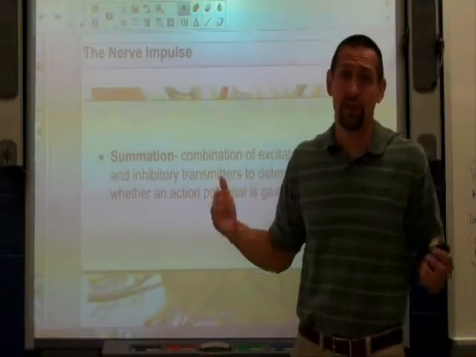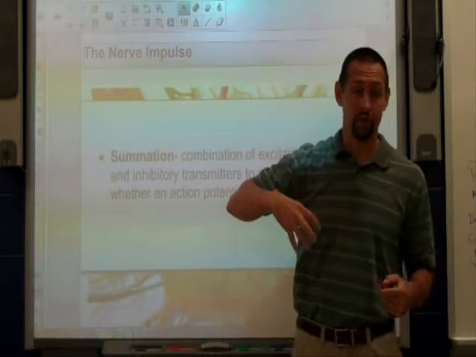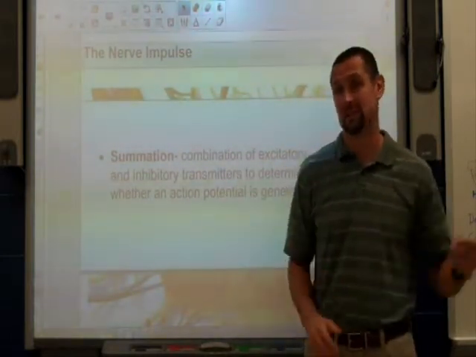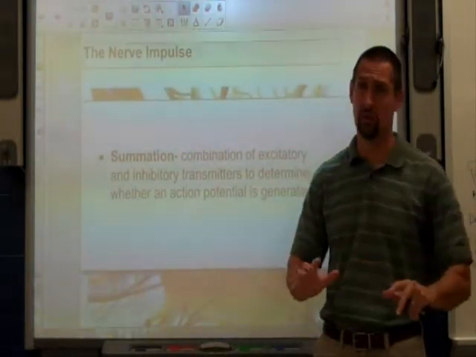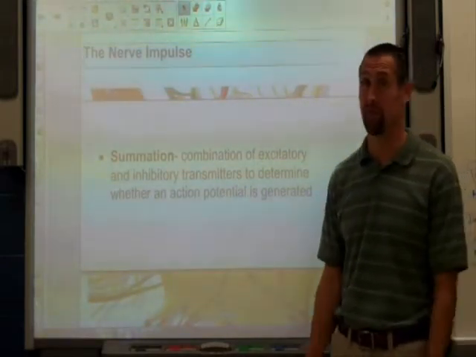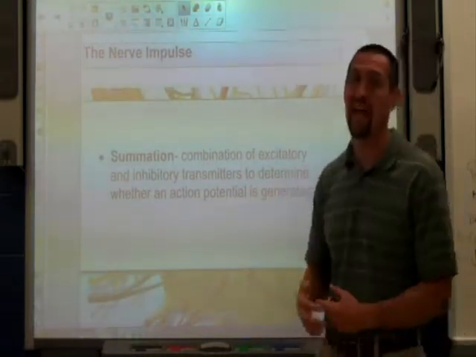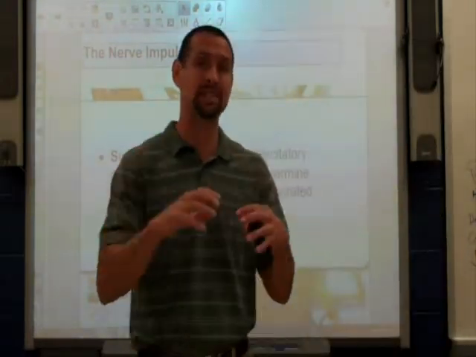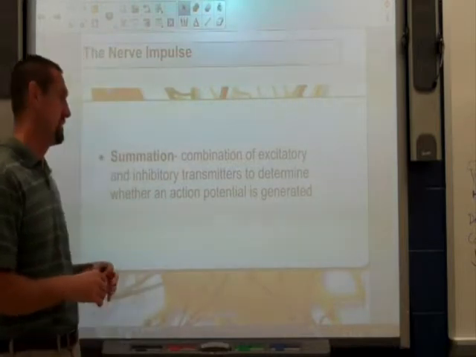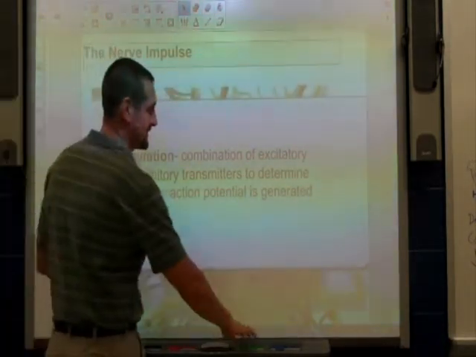How do you know what to do then if you're getting mixed signals? Some impulse to that nerve saying yes, some impulse to that nerve saying no. How do you know what to do? Well, you take a vote. Your nerves are democratic, apparently. So it's called summation, where you just add up how many signals from the yes nerve, how many from the no nerve to determine whether the action potential is generated.